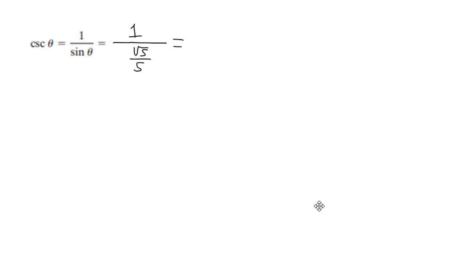Well, to make it a fraction, remember I can just add a number 1 here. And then let's multiply. 1 times 5 is 5, and 1 times square root of 5 is square root of 5.